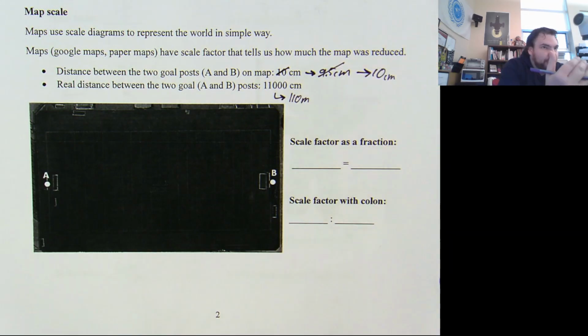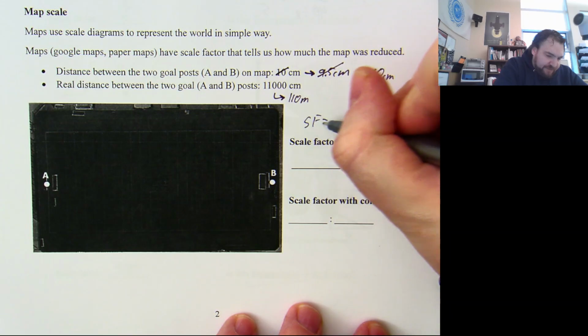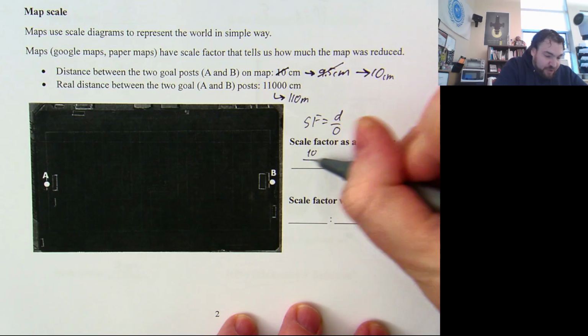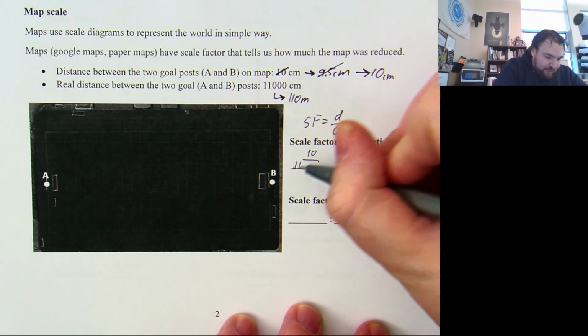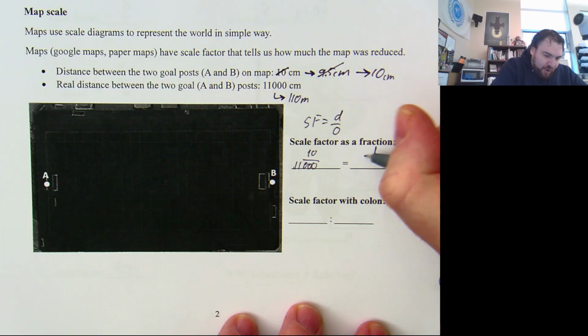It's always the scale diagram over the original. Scale factor equals diagram over original. So the diagram here is 10 centimeters over the original, which is 11,000 centimeters. If we reduce this, it becomes 1 over 1100.